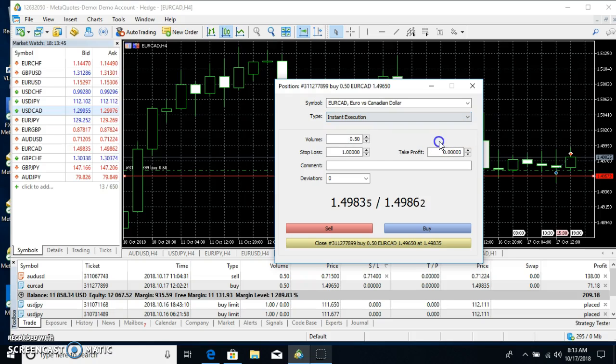This is modified. 149. Because I'm modifying it. 70. It's not a pending order.